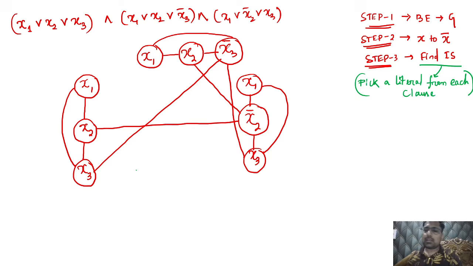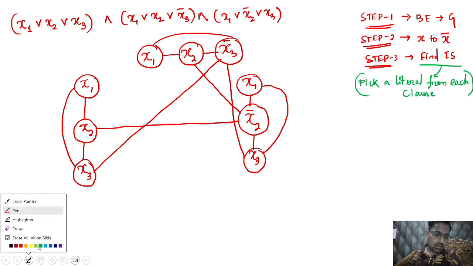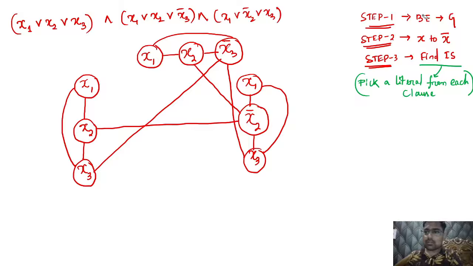Then only we can say it is an independent set for us. Picking of literals from a Boolean expression, you may write it as clause. Clause to a graph, first we have to convert. For each clause we have to convert that into a graph.